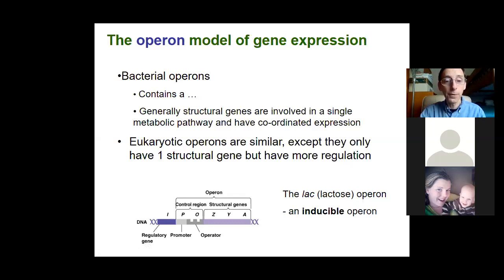The lac operon encodes, besides the structural genes, regions around the structural genes that help control the expression of the structural genes. And we'll talk about these. They're controlling regions of DNA, and that includes the promoter, which we've talked about, and the operator, and we'll talk about that.